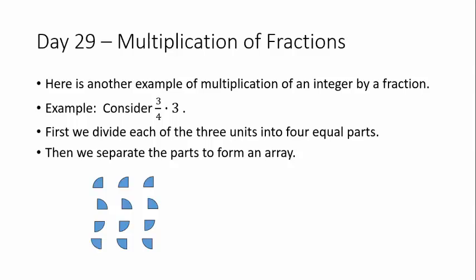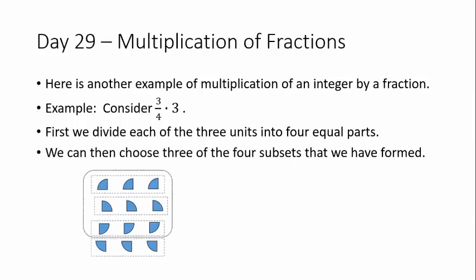Next, I'm going to group these up. I'm multiplying by 3/4, so I need 4 groups of equal size. These will be my rows. I've got 4 rows there. I'm looking for 3/4 times 3. So I have the 4 rows. I'm going to select 3 of those 4 rows.